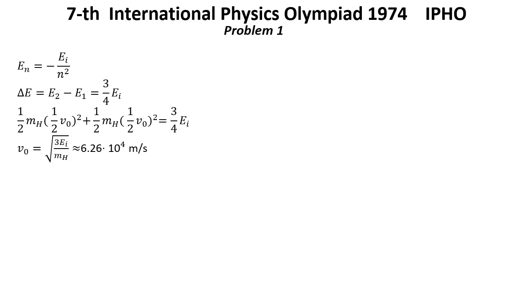Of course, only the atom excited in the collision can emit the radiation. In principle, the radiation can be emitted in any direction, but according to the text of the problem, we have to consider radiation emitted in the direction of the initial velocity and in the opposite direction only.